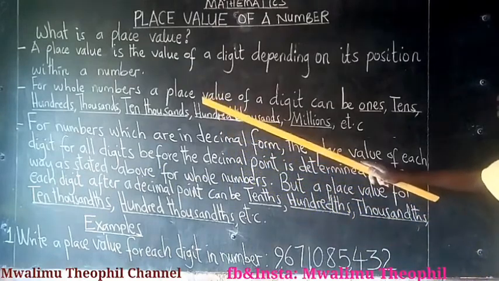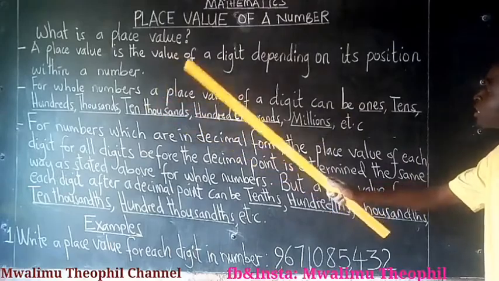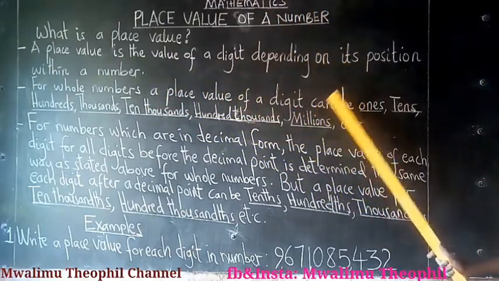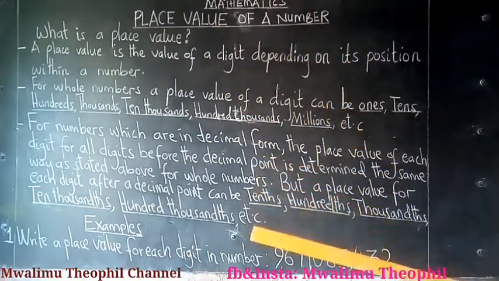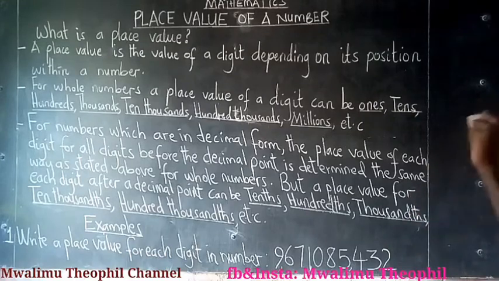The same as we have stated for whole numbers, we have ones, tens, hundreds, thousands, 10,000s, 100,000s, millions, etc. It is the same way we write a place value for each digit appearing before a decimal point.